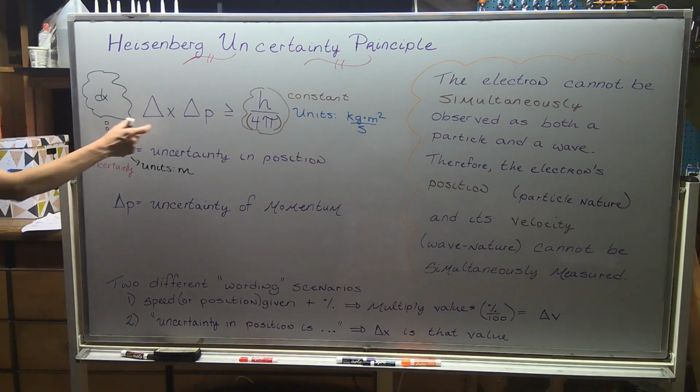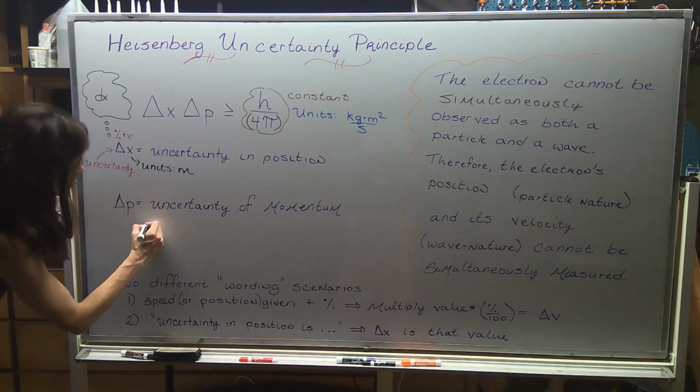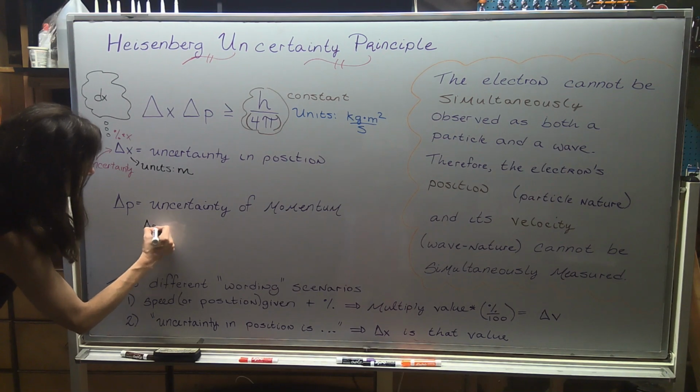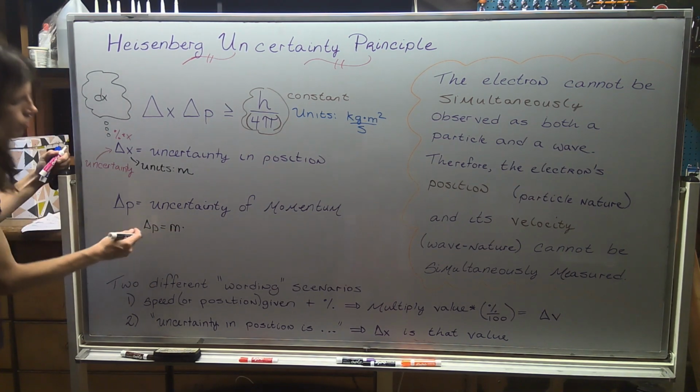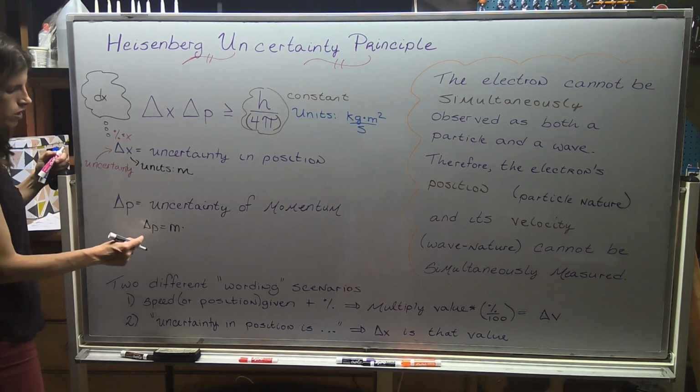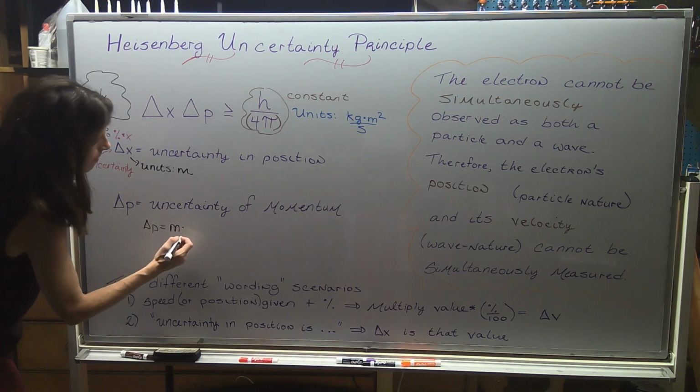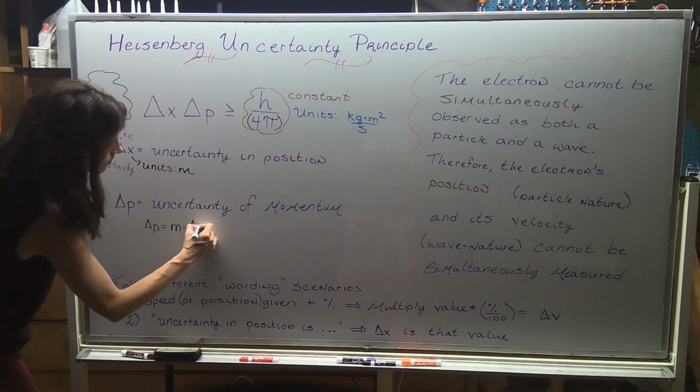We're substituting in delta for d. Uncertainty of momentum can also be rewritten. Momentum is mass times velocity, but since it's an uncertainty associated with the momentum, we're going to do delta P equals mass times delta V.